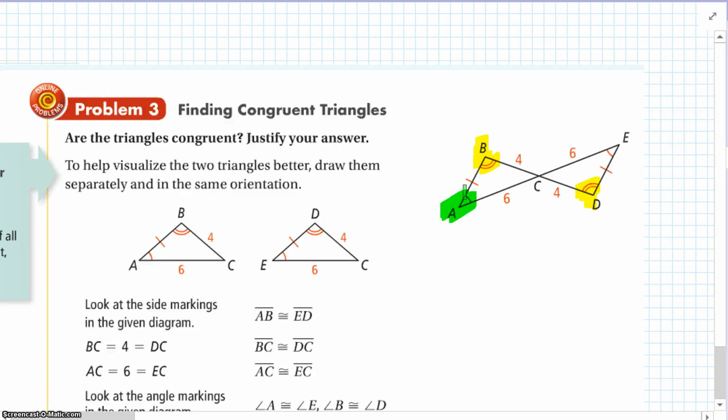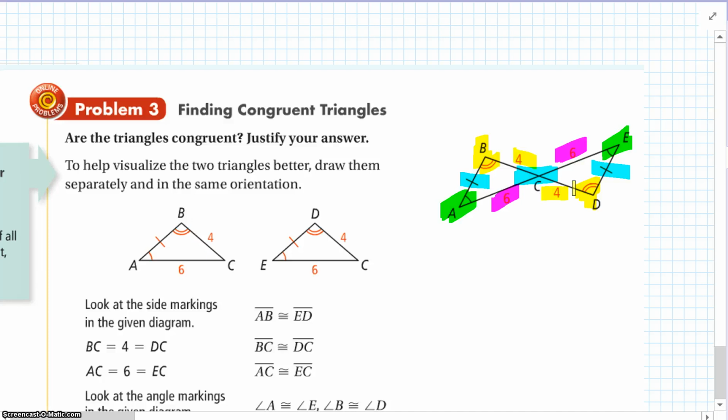Angle A is congruent to E. These angles are the same because they're vertical angles, so all the angles equal up. Now let's check our sides out. Side 6 equals side 6. This tells us congruent parts, and 4 is equal to 4.